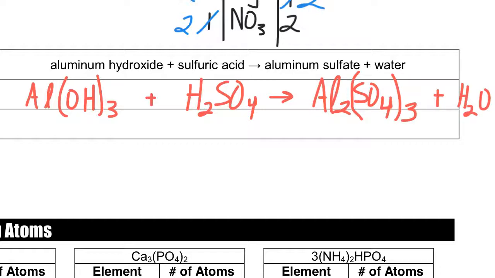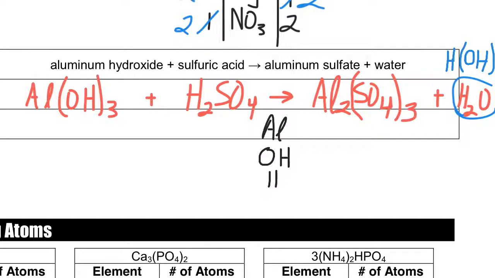So here's a little trick that I want you to notice. You can write water as hydrogen hydroxide. And again, that'll make your balancing a little easier. So we have aluminum, we have hydroxide, and hydrogen, and sulfate. We have 1 aluminum on the left, 2 on the right, 3 hydroxides on the left.